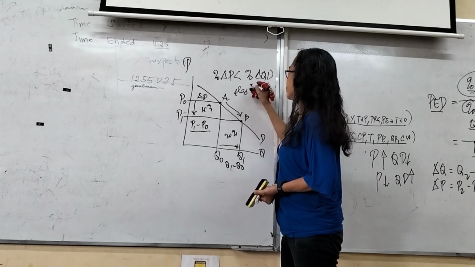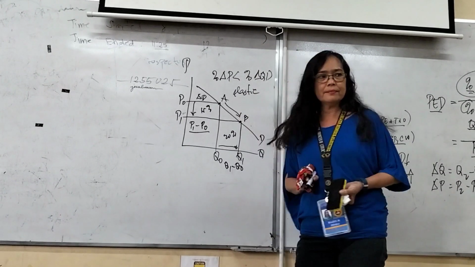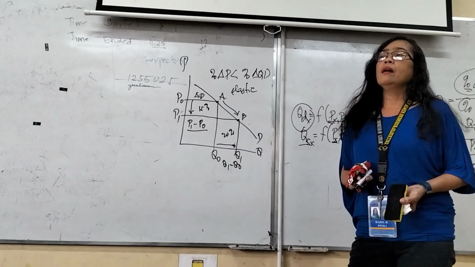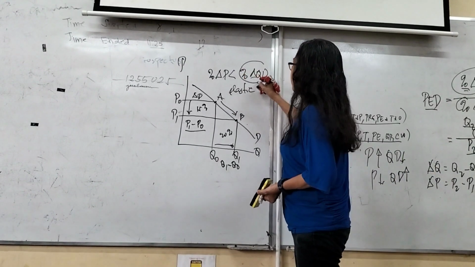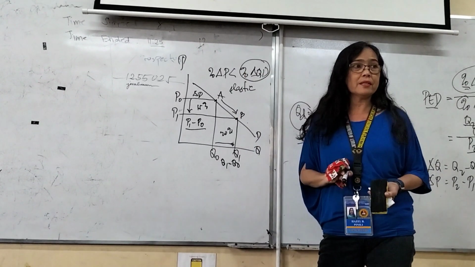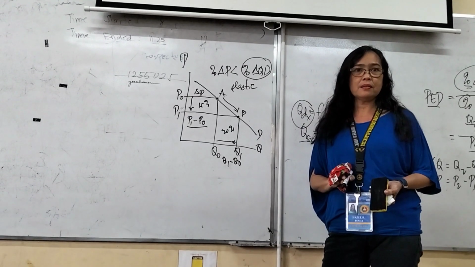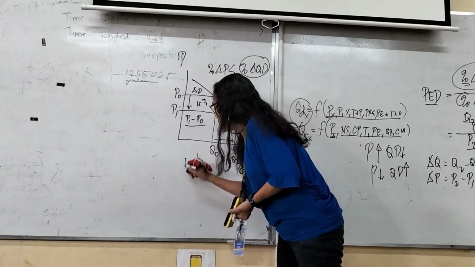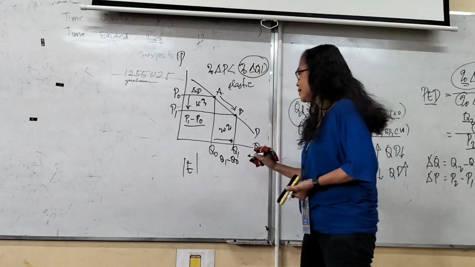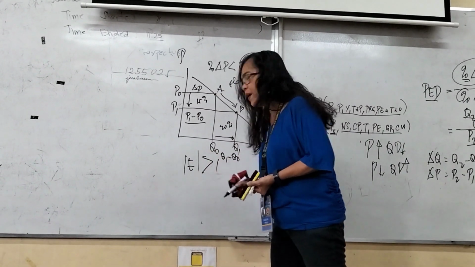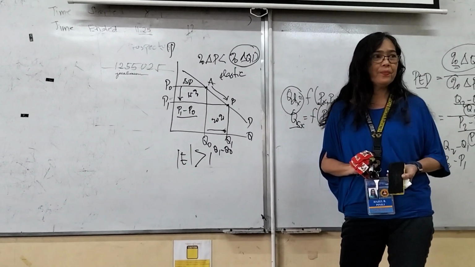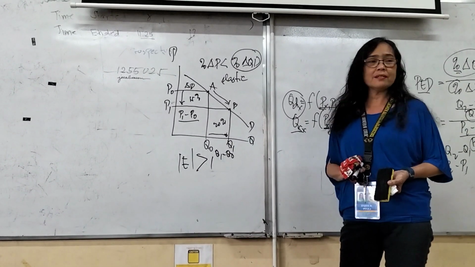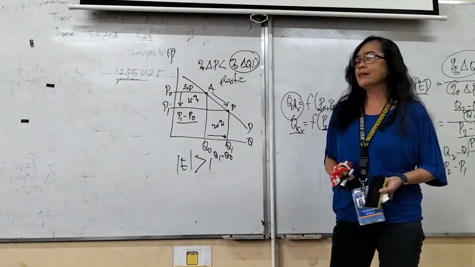Therefore, it is said to be elastic. So elastic demand means the percentage change in the quantity demanded is greater than the percentage change in price. Therefore, the elasticity coefficient is greater than 1. So if the elasticity coefficient is greater than 1, that is said to be elastic.